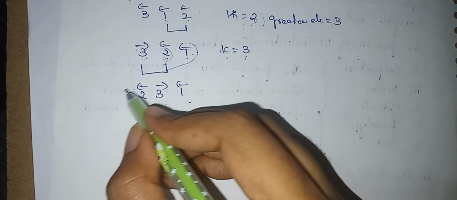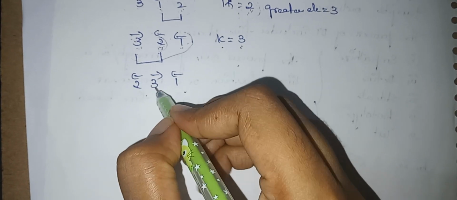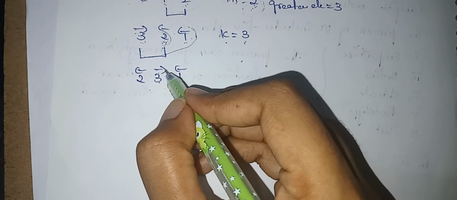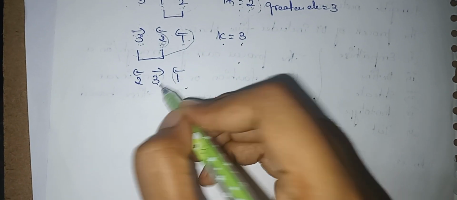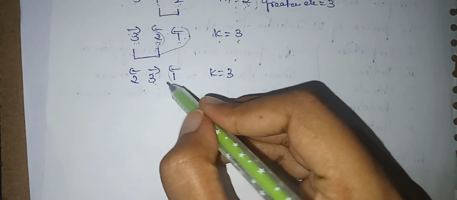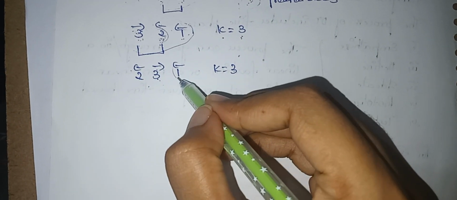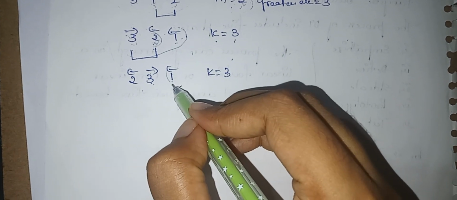In the pointing direction of 2 there is no other element, therefore I can skip to the next element. In the pointing direction of 3 there is an adjacent element 1 which is smaller than 3. Therefore, now I can write k is equal to 3 as the mobile element, because it is greater than this adjacent element in its pointing direction. Now moving on to the next element, 1.